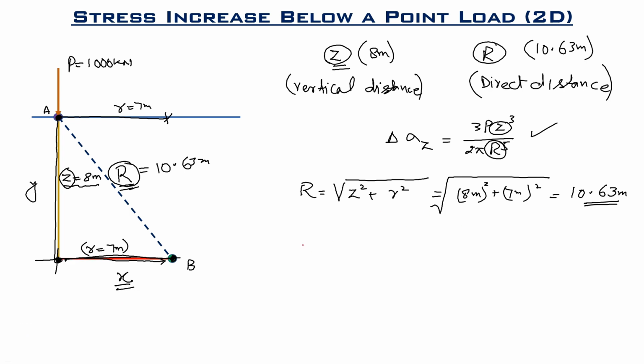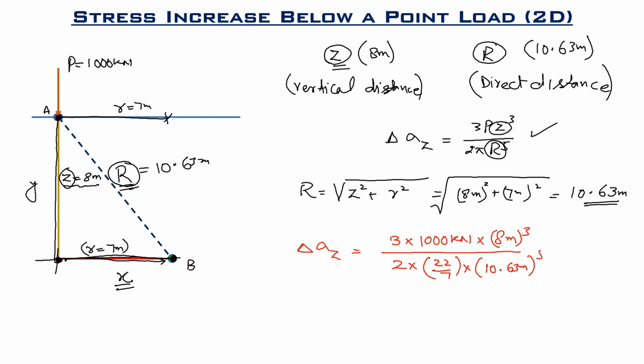So we put the values of P as 1000 kilonewton, Z as 8 meters raised to power 3, divided by 2 times 22 by 7 as pi, and R as 10.63 meters raised to power 5.